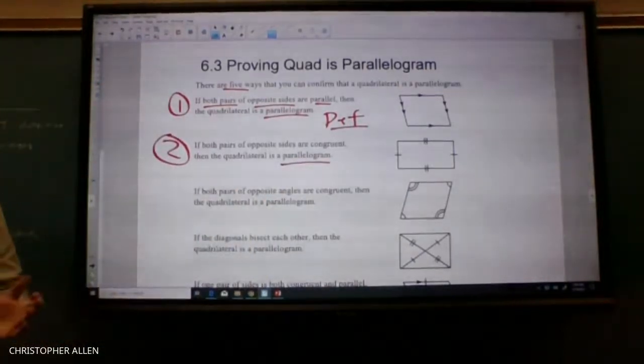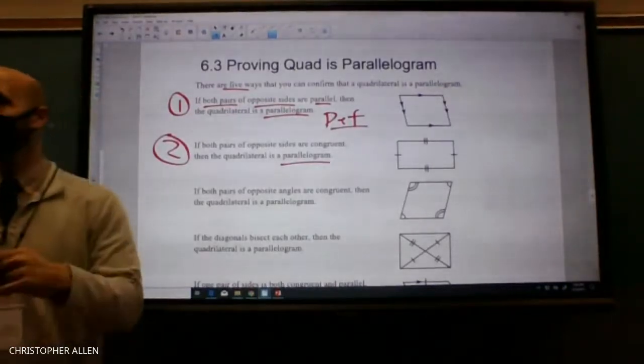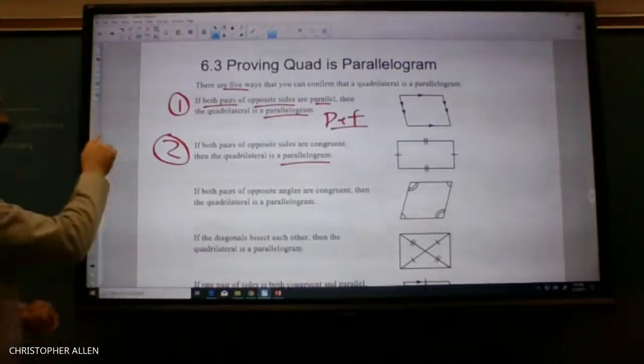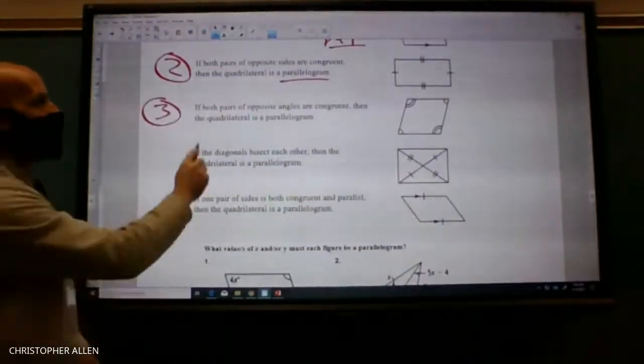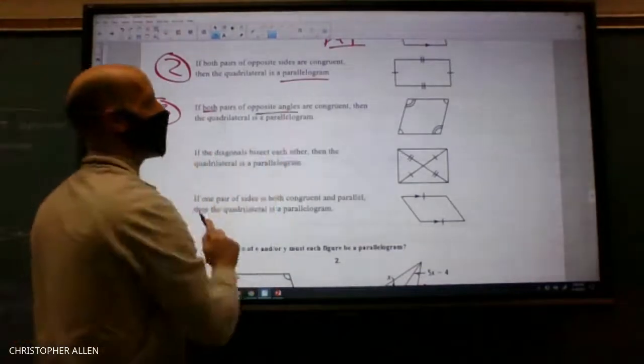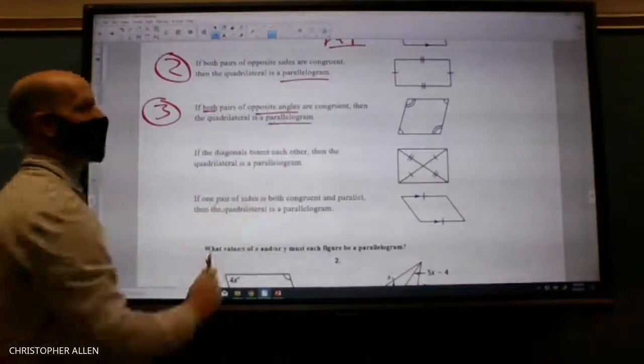This is the converse of what we did last week. Last week would have said, hey, it's a parallelogram, what can you conclude? Opposite sides are congruent. Number 3, if both pairs of opposite angles are congruent, like in this picture here, it has to be a parallelogram.